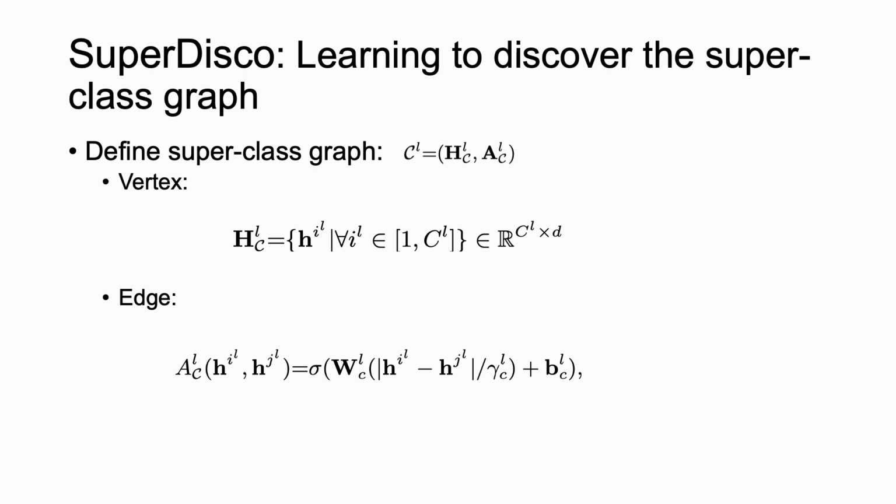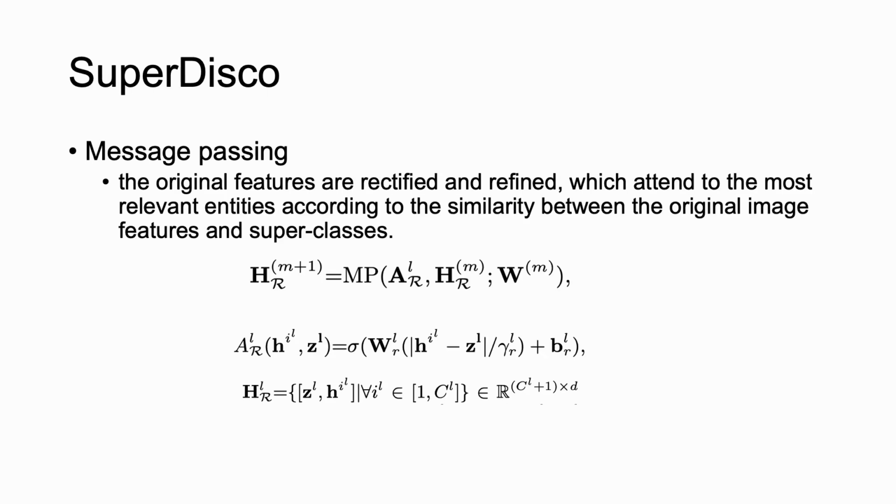So first is the SuperDisco. We first need to define the superclass graph C_L. Here L is a different level of superclass. For this graph, we have the vertex H_C and its corresponding edge. Then we combine the original feature and the superclass graph.